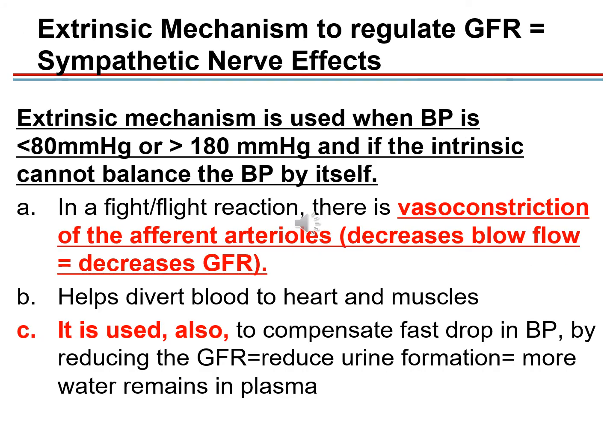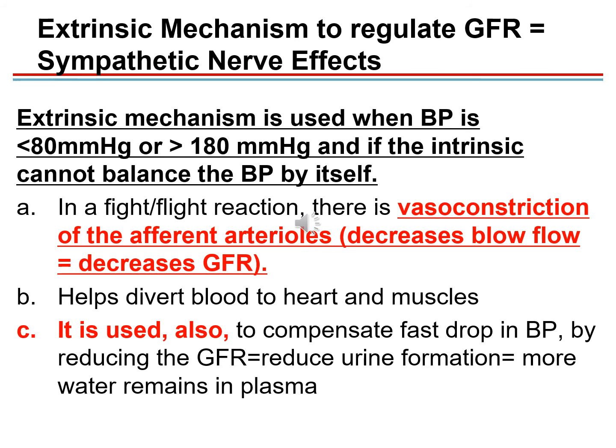I want to be more specific about the extrinsic mechanism to regulate the glomerular filtration rate. This mechanism is used when the blood pressure goes below 80 millimeters of mercury or rises above 180 millimeters of mercury, and always if the intrinsic mechanism cannot balance the blood pressure by itself.